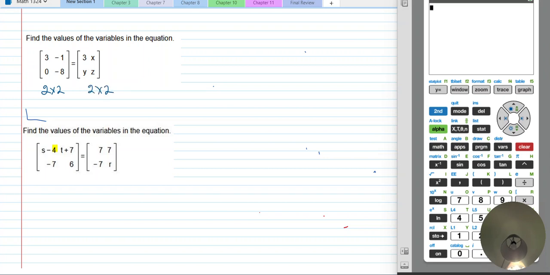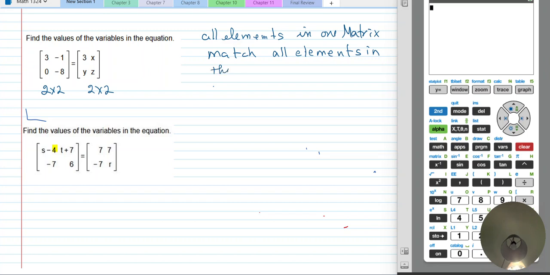And in order to be equal, all elements in one matrix match all elements in the second matrix. So they have to be equal in all things, the placement of the elements and the location of the elements.